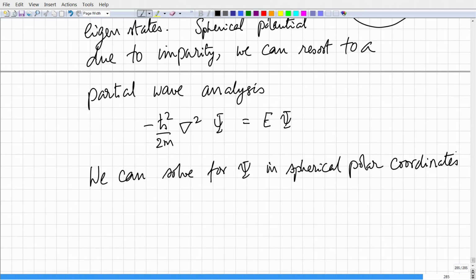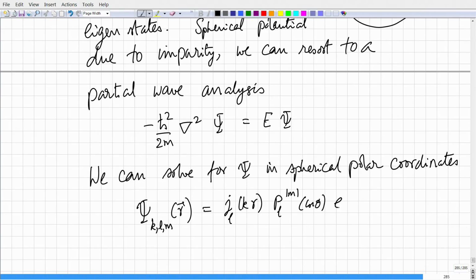So, if we do that, then I can write down psi KLM of R as the spherical Bessel function j_L(kr) times P_L^|m|(cosine theta) e to the power i m phi.